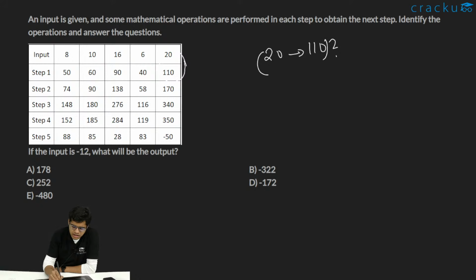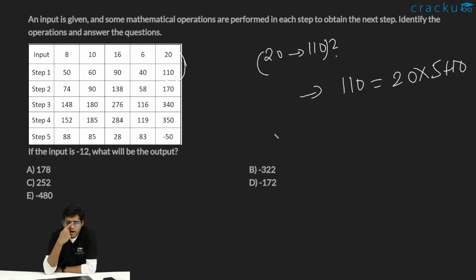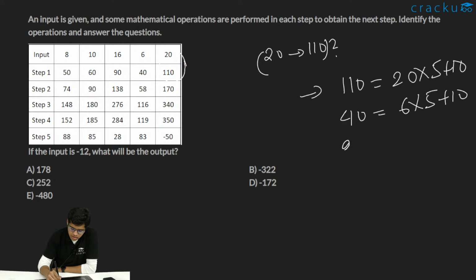I can write 110 as 20 into 5 plus 10. Same for 40: 40 equals 6 into 5 plus 10. And 90 equals 16 into 5 plus 10.